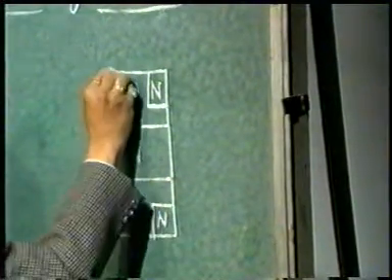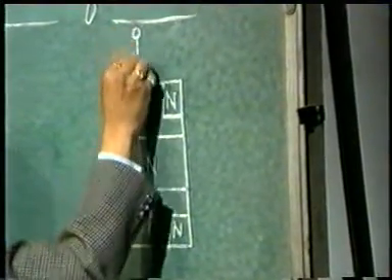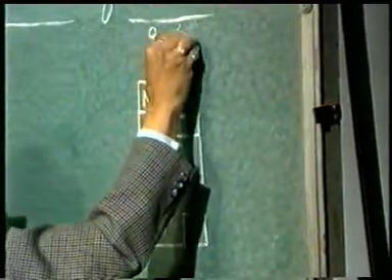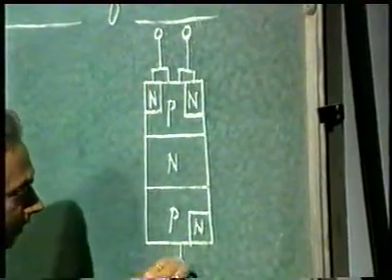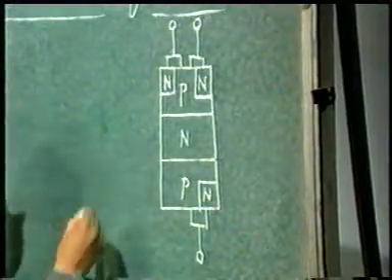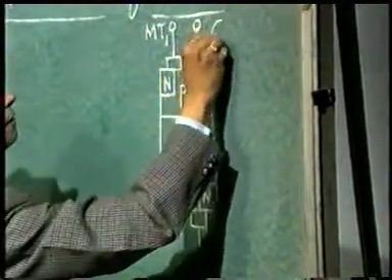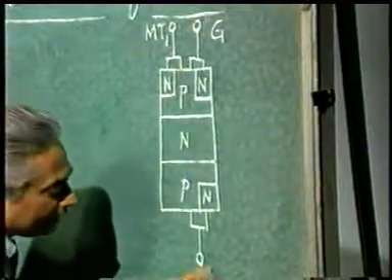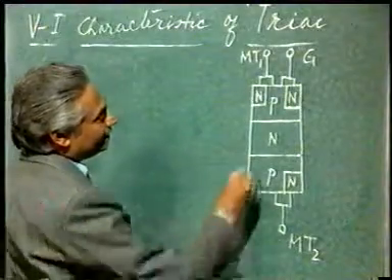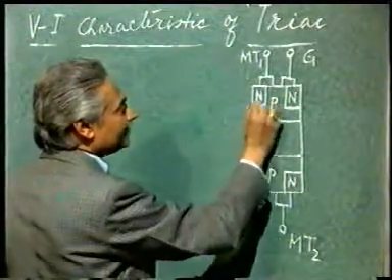The terminals will come out like this, one here, one here, and one terminal will come out like this. So, the terminals are MT1, G and MT2. Now, you find that there are 2 P layers here, 1 N layer here and 3 small n layers.